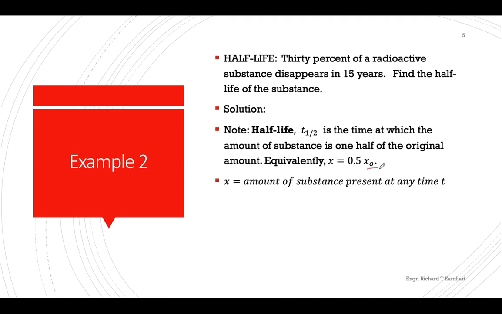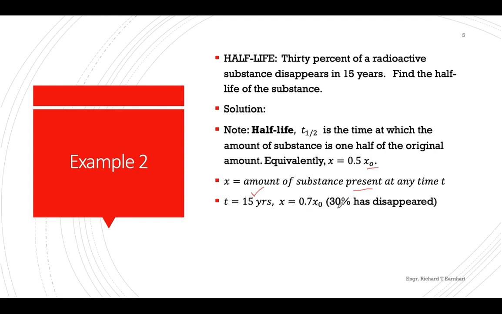So if x denotes the amount of the substance present at any time t, assuming that the rate of change is directly proportional to x, after 15 years 30% has disappeared, and since x always denotes the present amount, x is 0.7 times x sub o.